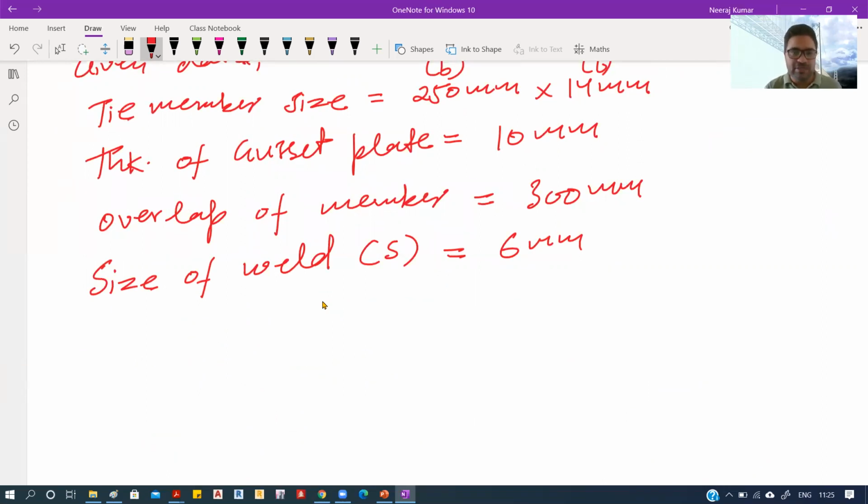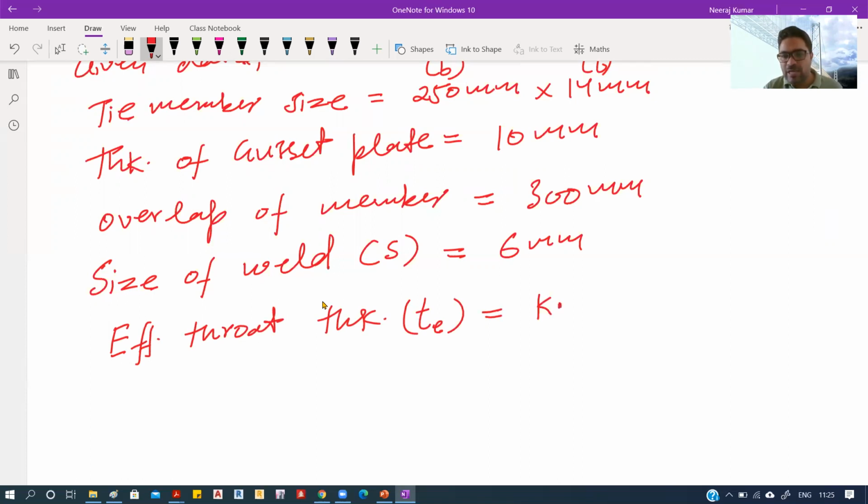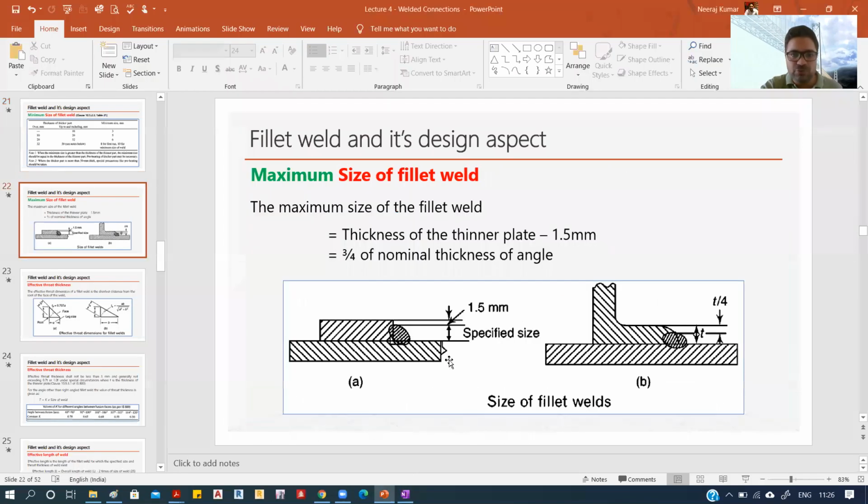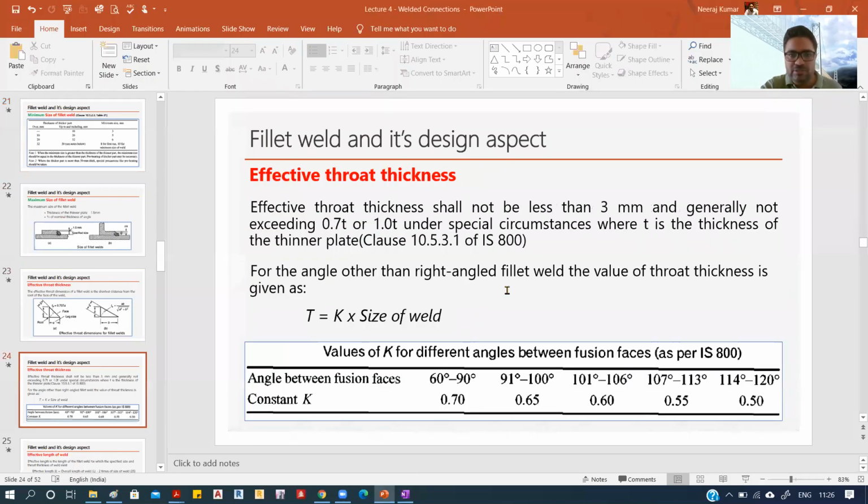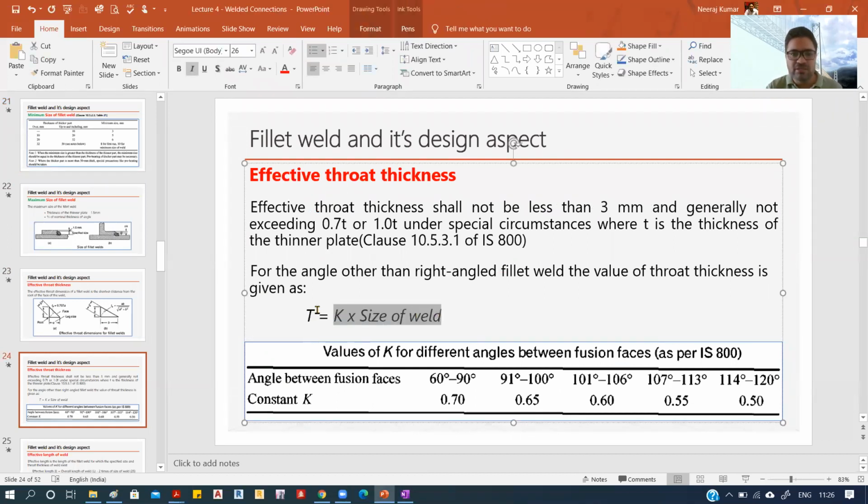So throat thickness can be calculated as, I'm writing here, effective throat thickness. I represent this thickness as Te, and this is generally K into S. I have shown in the lecture how we find this. So there you can see K into size of weld is the throat thickness.